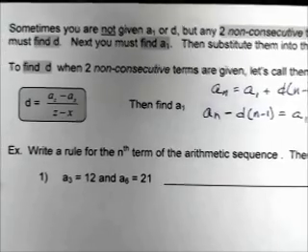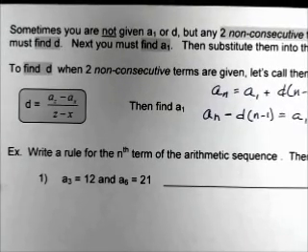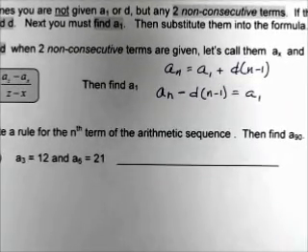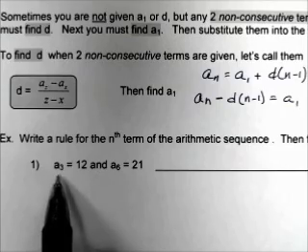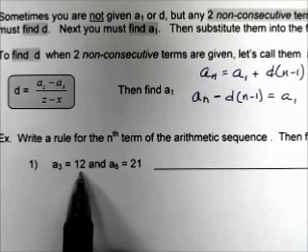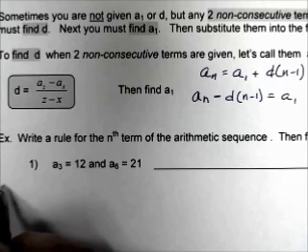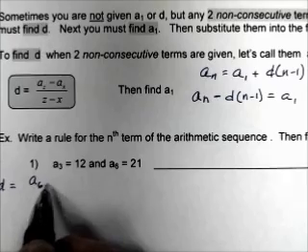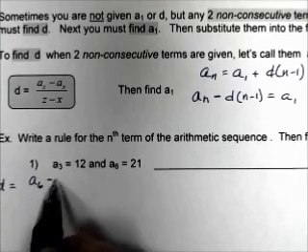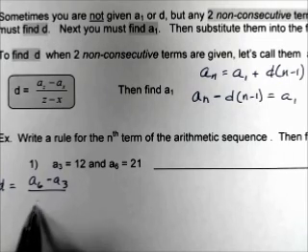Okay, some examples to go through. Write the rule for the nth term of the arithmetic sequence, then find a_90, or the 90th term. We have a_3 is equal to 12 and a_6 is equal to 21. So our d value we find by taking a_6, the higher number term, minus a_3, and dividing it by 6 minus 3.